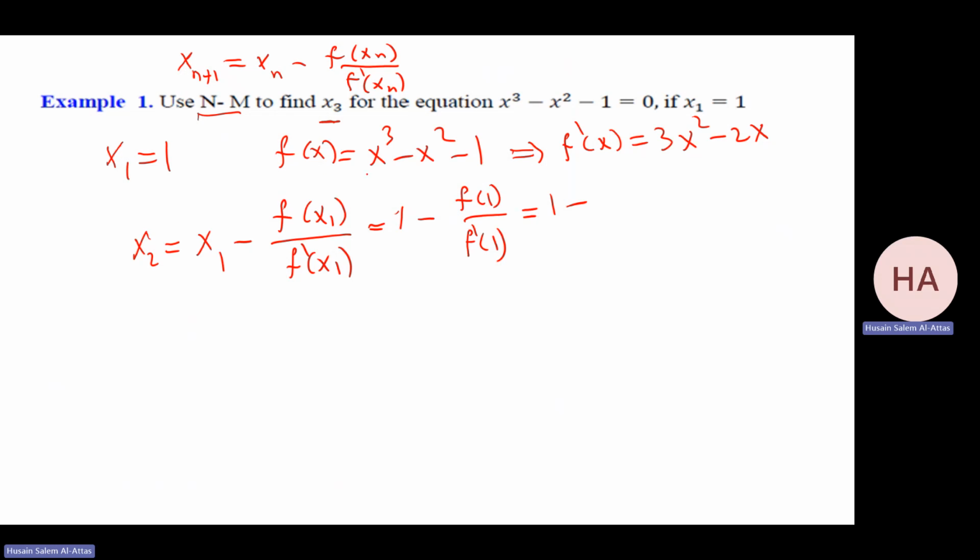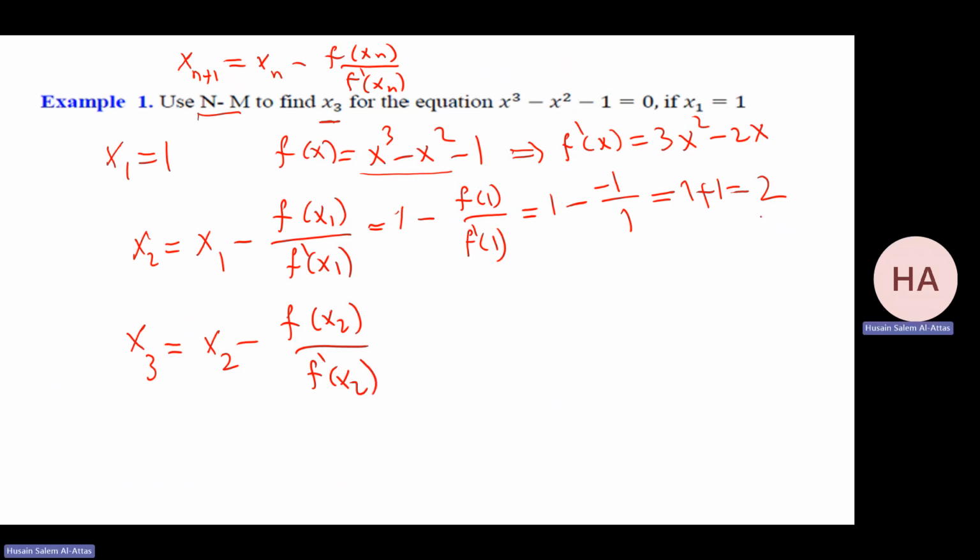F of 1: plug it here. I have 1 minus 1 minus 1, so that will be minus 1. F prime at 1 will be 3 minus 2, which is 1. So I have 1 plus 1, and that is 2.